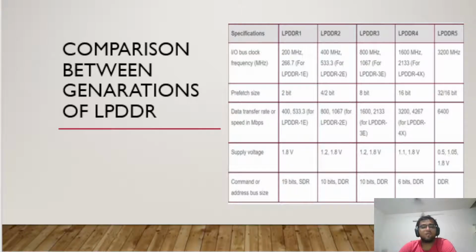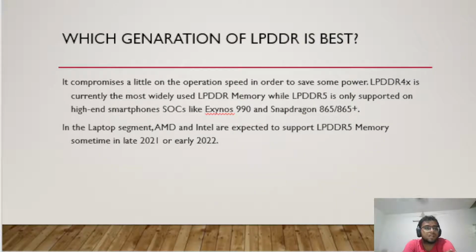Now a basic question will come to your mind: which generation of LPDDR is the best? In the market there is news of LPDDR4X. It compromises a little on operation speed in order to save some power.